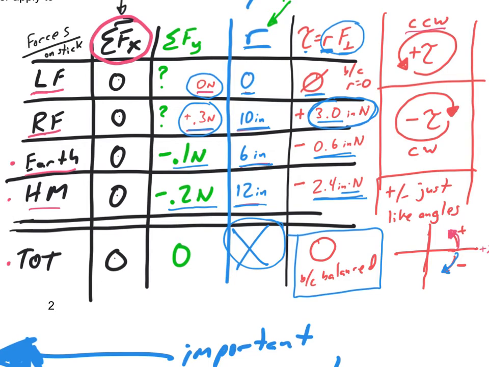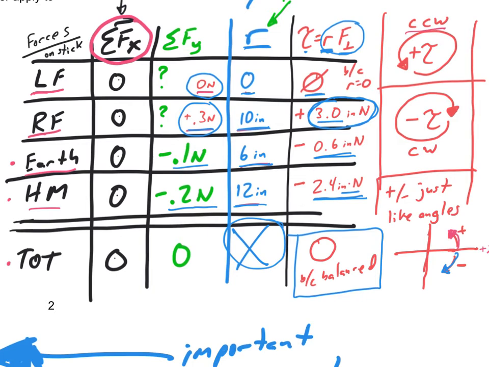The right finger is lifting it up on the edge as if to make it go counterclockwise. Since that is trying to get it to spin counterclockwise, that will be a positive torque. The other two are trying to get it to rotate the other way, clockwise. Therefore, the earth and hanging mass forces lead to negative torques.